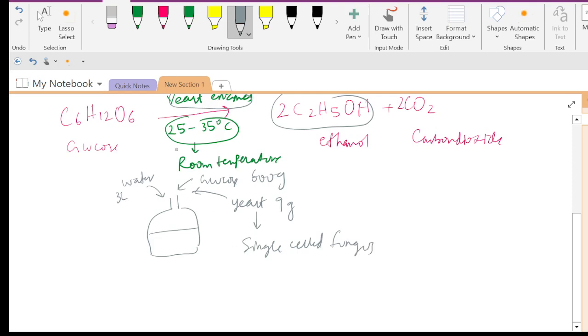Afterwards, this bottle is tightly packed with a cap, and after several weeks, the alcohol, that is ethanol, will be produced. The ethanol produced is 15% pure.